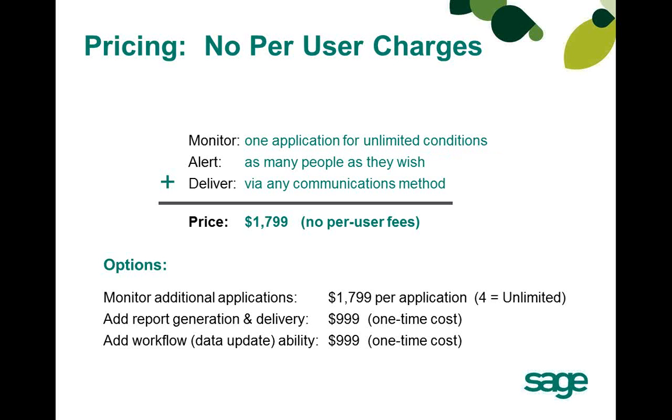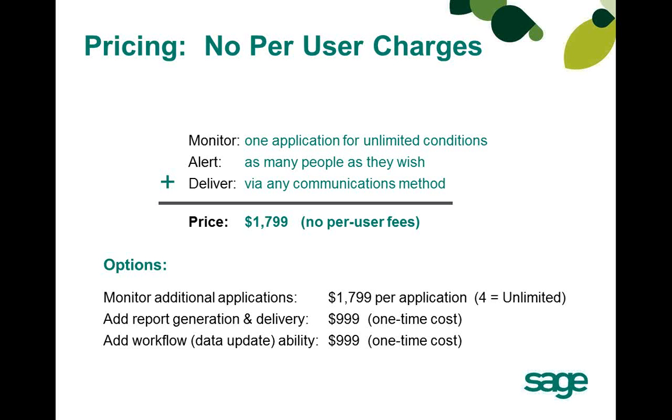You want to send out alerts via all of the methods that I mentioned, such as email, fax, web dashboard, screen pop, instant message, social network. And let's say that you want to deliver those alerts to an unlimited number of people. You would be looking at a one-time license cost of just under $1,800. And again, that's not an annual fee, that's a one-time cost.